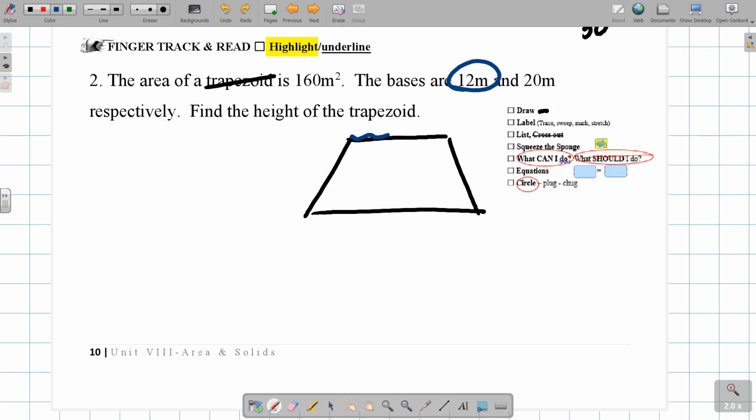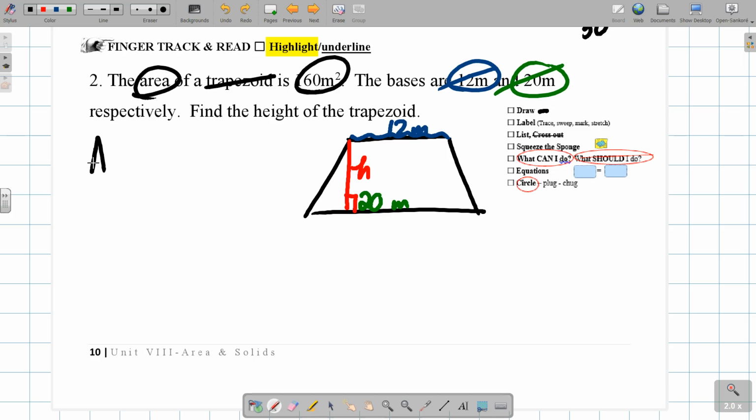Bases, shorter base, 12 meters, 20 meters. Notice I'm crossing stuff out after I label. Height is our unknown.